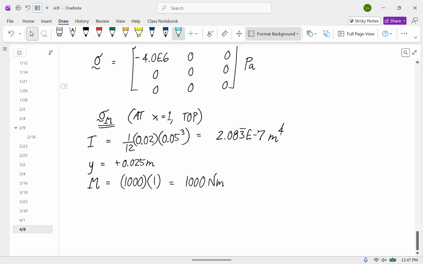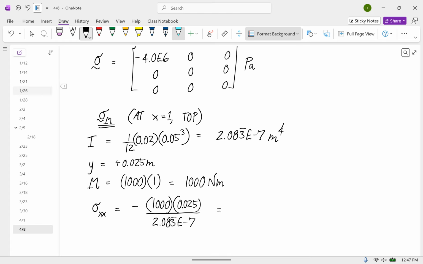Okay. And now we can use the formula that says the XX normal stress is equal to negative M y over I. And so that is negative 1.2 times 10 to the 8.